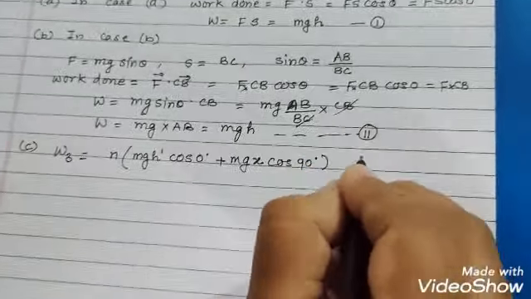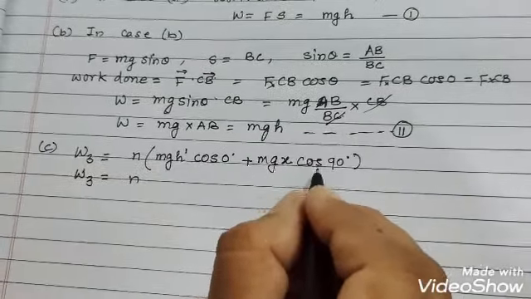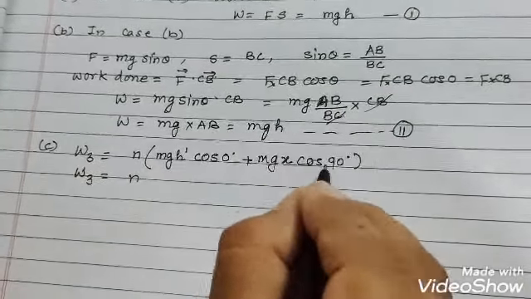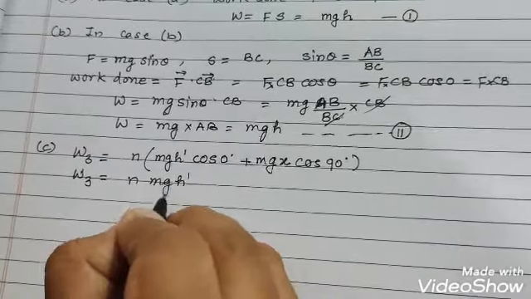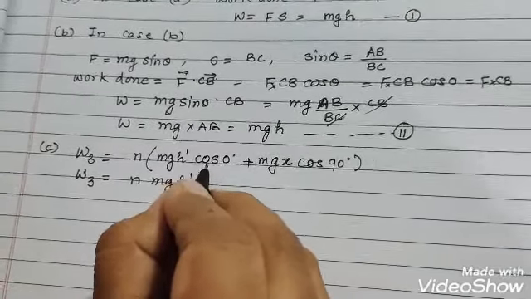So the work done W3 in the third case is equal to n times [mg h dash cos 0 + mgx cos 90]. Now cos 90 degrees is 0, so the second term vanishes, and cos 0 is 1, so this is simply mg h dash.